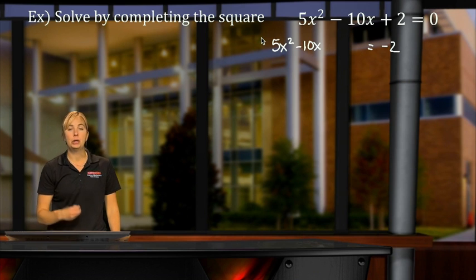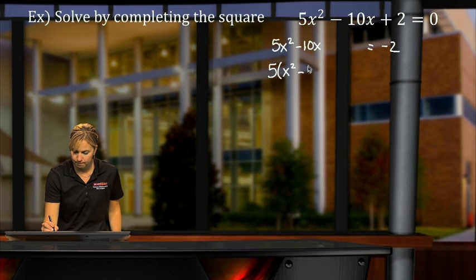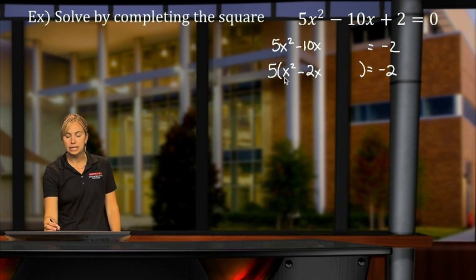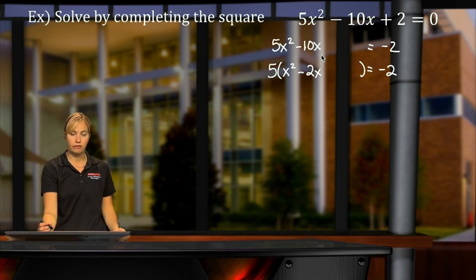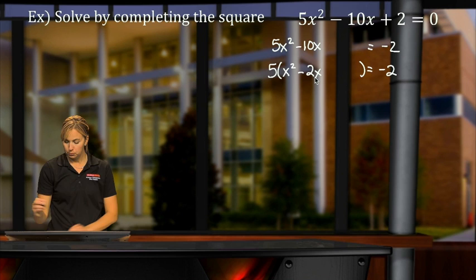In our next step, we must factor out the lead coefficient from the left-hand side. Notice I did not factor out the GCF from 5x squared minus 10x. I only factored out the lead coefficient because I still want x squared inside the parentheses.